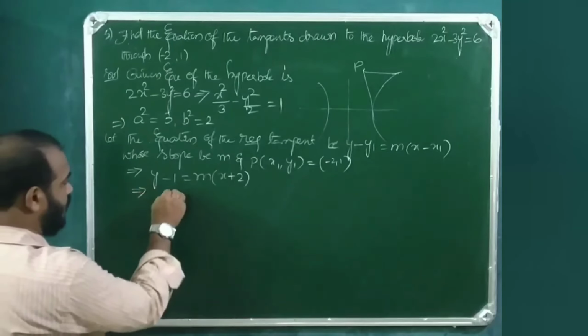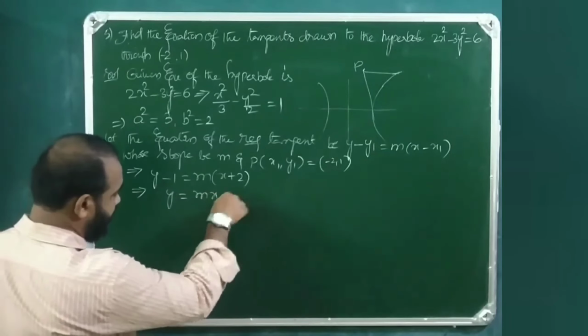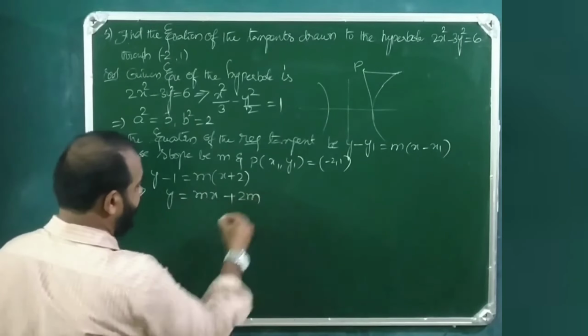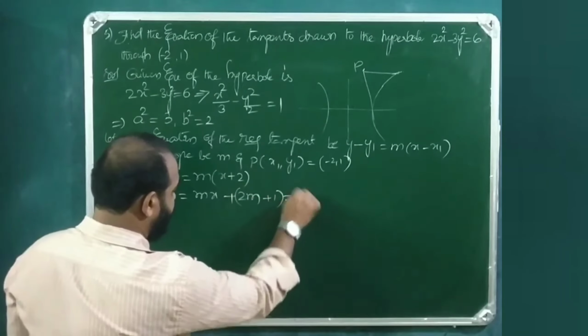So this gives y equals mx plus 2m, and transposing the minus 1, plus 1 equals 0.